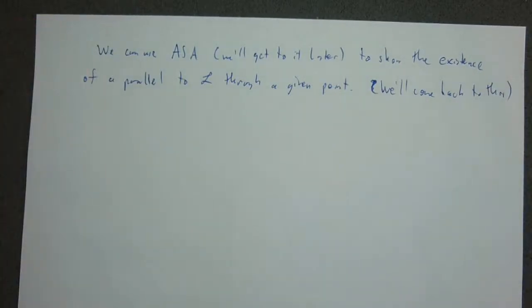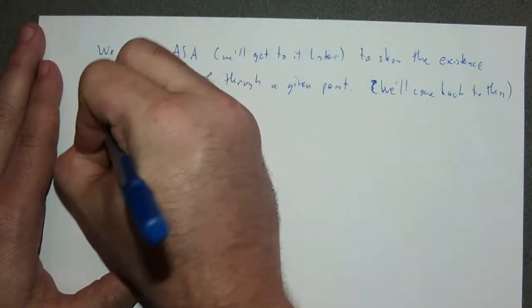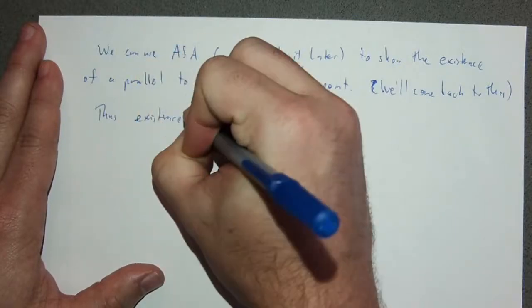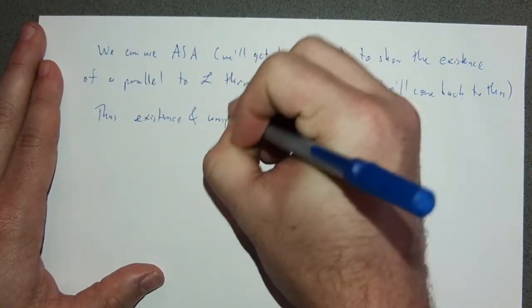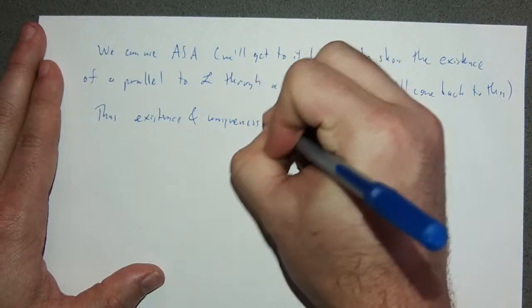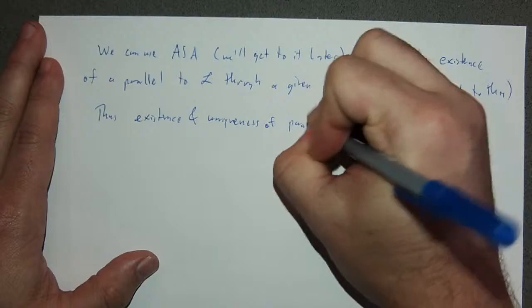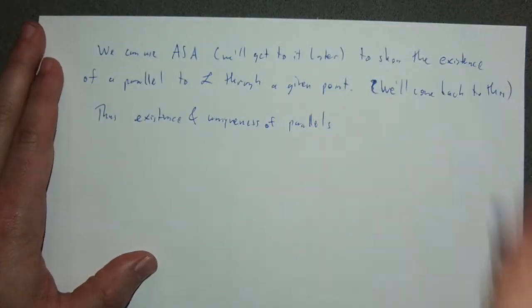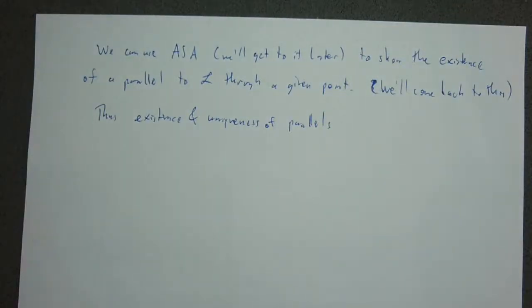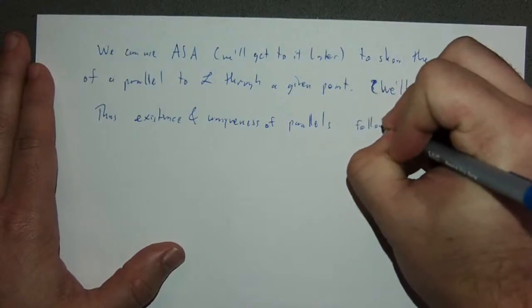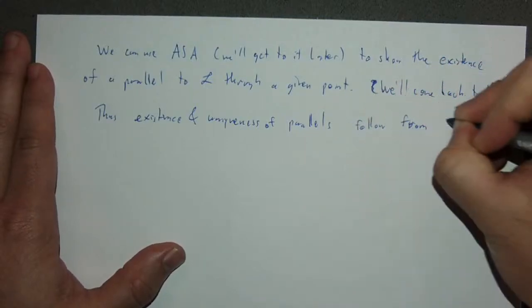So what is it that I've been doing here, spending time on this? What I've been doing is that thus existence and uniqueness of parallels to a given line through a given point not on the line follow from the parallel postulate.